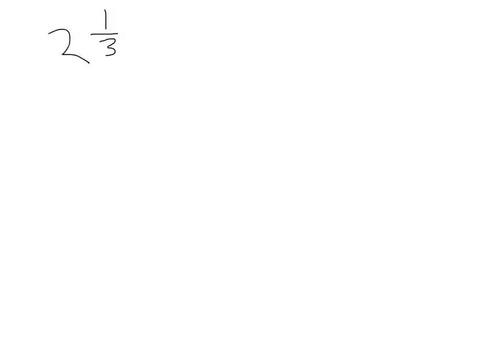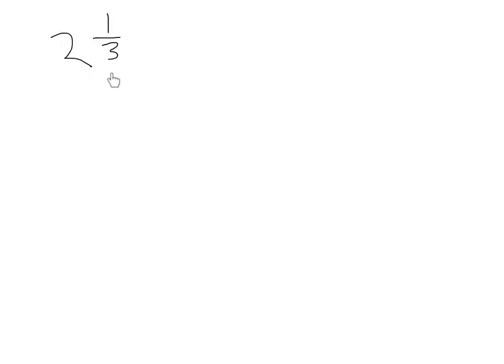Okay, the flip side of this is going from a mixed number to an improper fraction. And again, there's a couple different ways to think about this. So think about what the different parts of this fraction represent. 2 and 1/3. So the denominator here tells me that whatever sort of fraction I'm using, it's going to be in thirds.